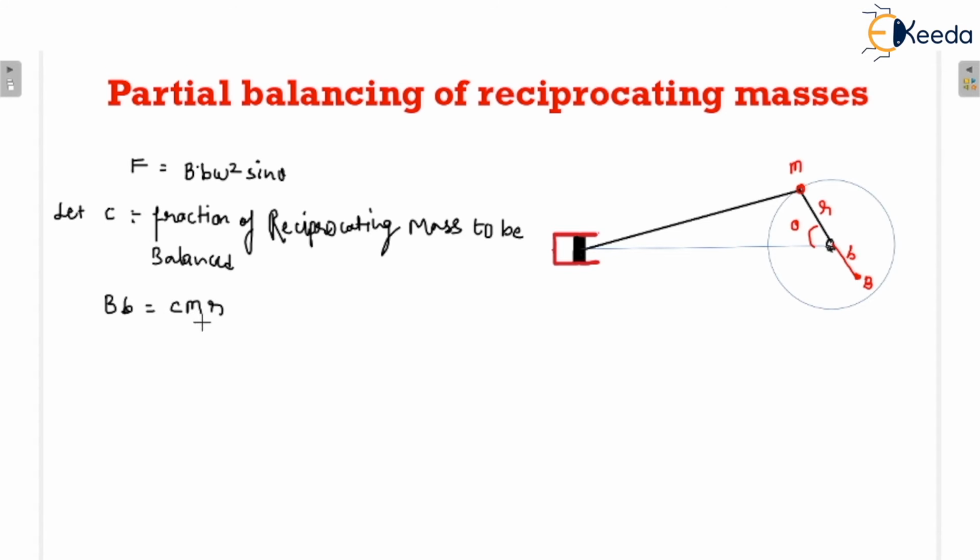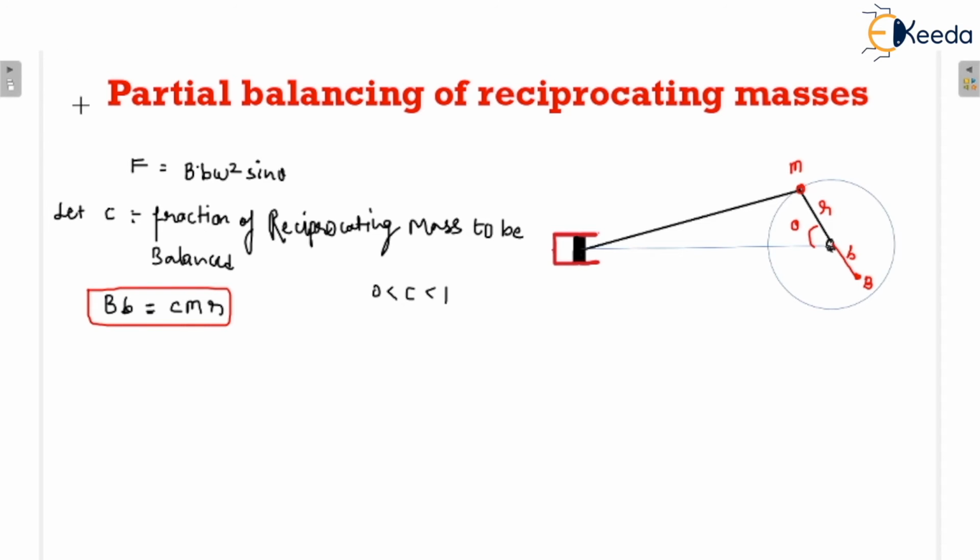And we all know that c is a fraction, that means its value will be less than 1 and greater than 0. It varies between 0 and 1. So c M R is less than M R. That is the relation we will consider for partial balancing.